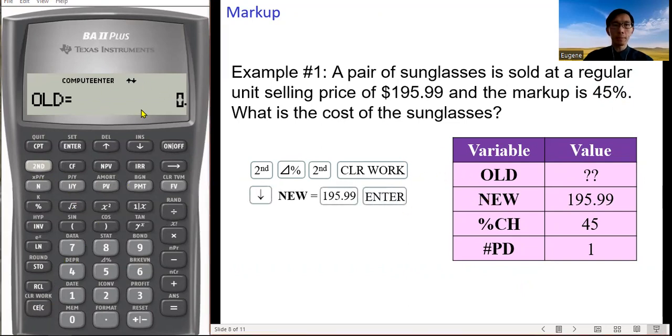So we skip that, press the down arrow to get to the variable new, key in the number 195.99, press the enter key, and then move down to get to the variable %CH, the percent change, which is the markup 45%, key in 45, and then enter.